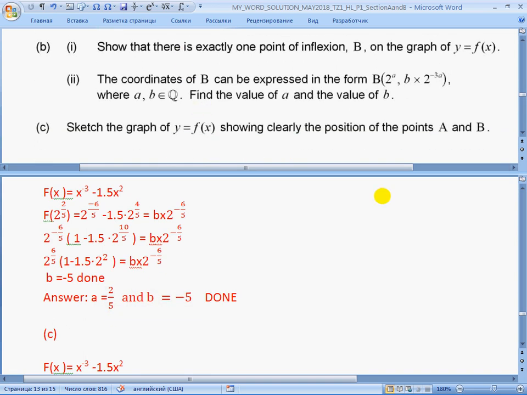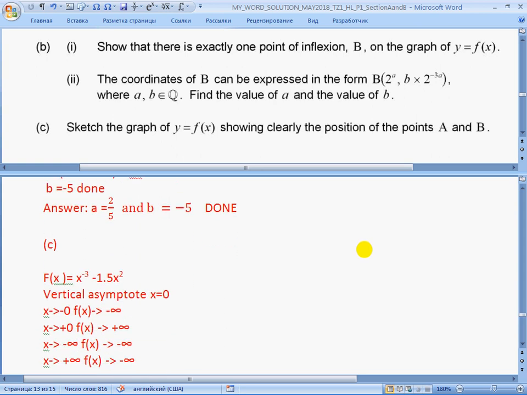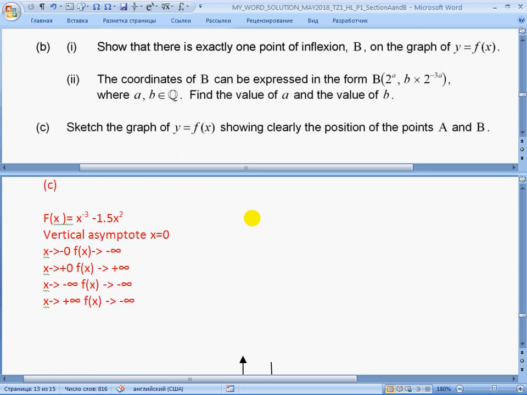Sketch the graph showing clearly the position of points A and B. To sketch the graph, I care about the vertical asymptote at x equals 0. If we approach 0 from the left, it approaches negative infinity. If we approach from the right, positive infinity.